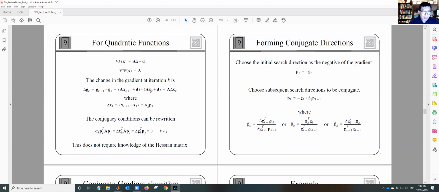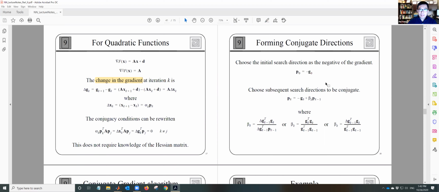Although when we were deriving it we assumed we know the Hessian, once we come to this step, because A delta xk equals delta gk, as long as we know the change in the gradient, we will be able to find a better search direction. Most importantly, there's no Hessian here.